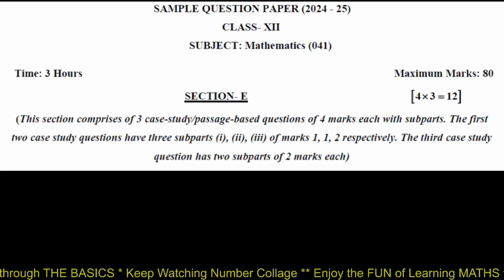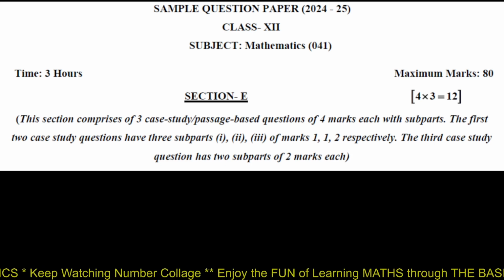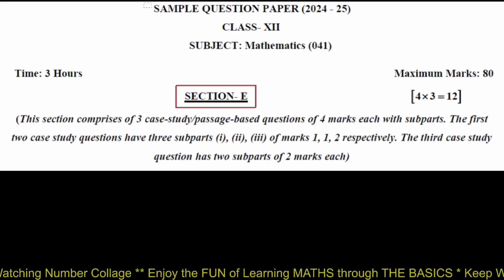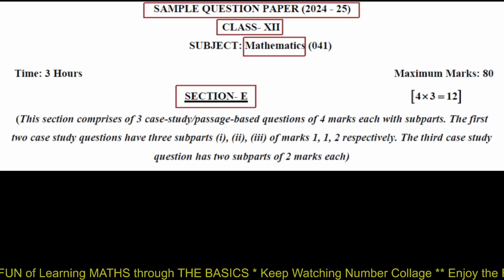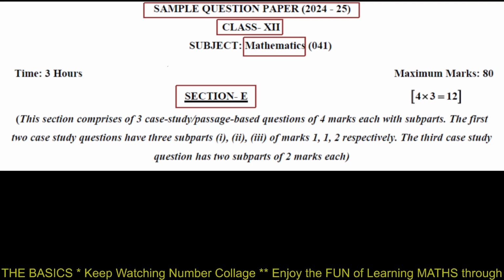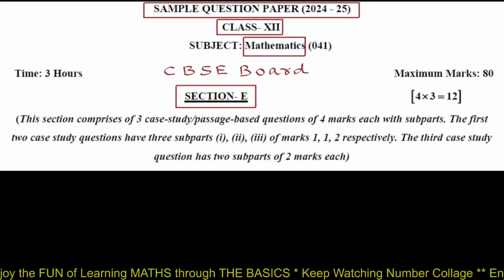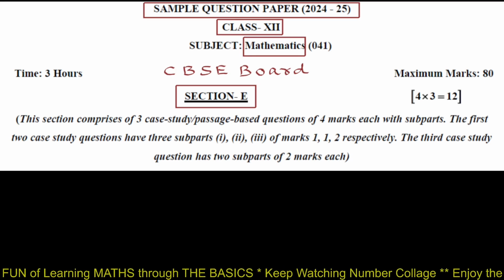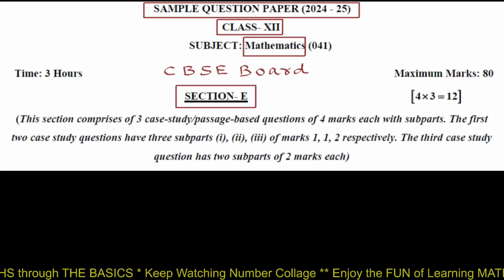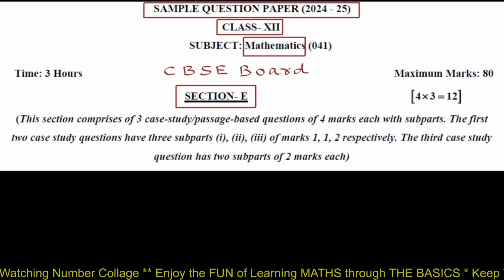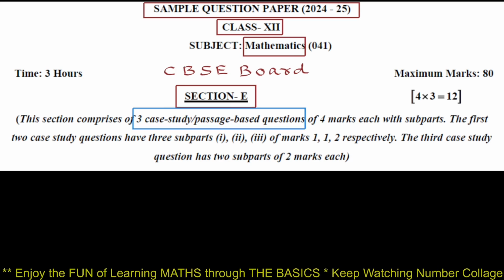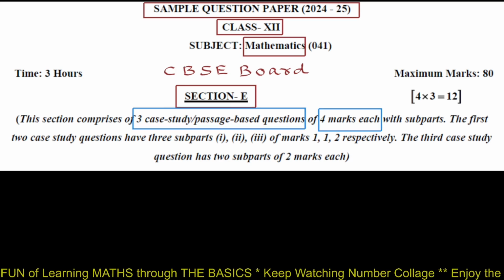In this video, we will discuss Section E of Sample Question Paper Class 12 Mathematics as released by the CBSE Board for the coming 2024-25 exams. This section consists of 3 case study or passage-based questions of 4 marks each with subparts.